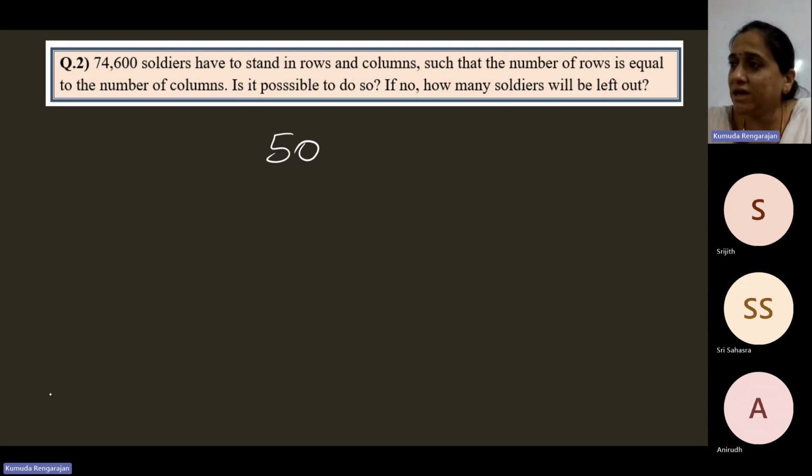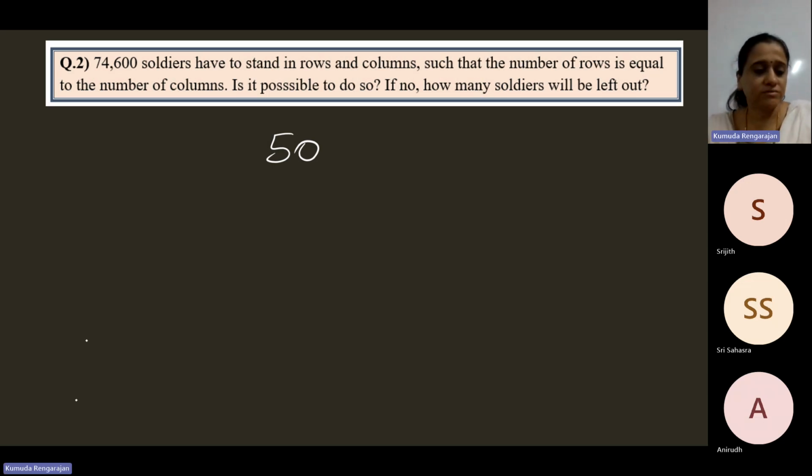The 50 children can be arranged in 7 rows and 7 columns. So 7 sevens are 49. 1 child will be left out. So all the 50 students cannot be accommodated to form a square. You can make 7 rows, 7 columns, accommodating 49 students. 1 will be left out, correct?